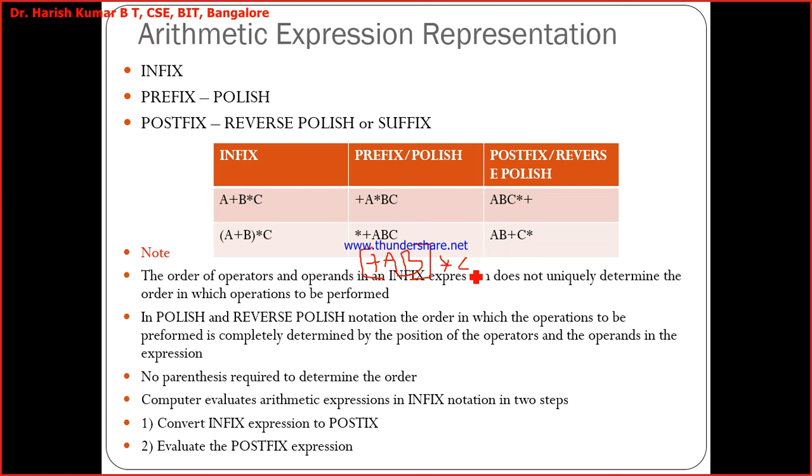Star C. This way you follow. Now for this star, this is one operand and this is another operand. This operator should come here. So star, then this operand plus AB, and this I've already written here, now C. People understood?